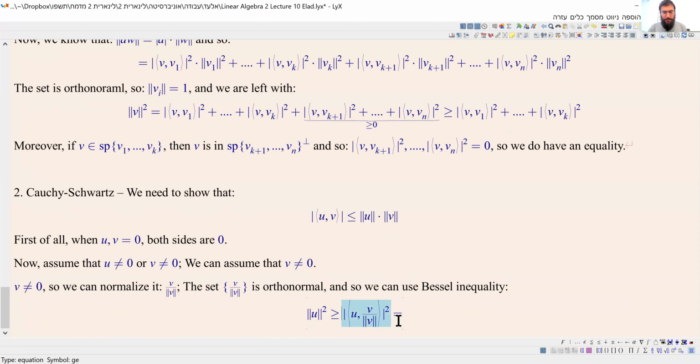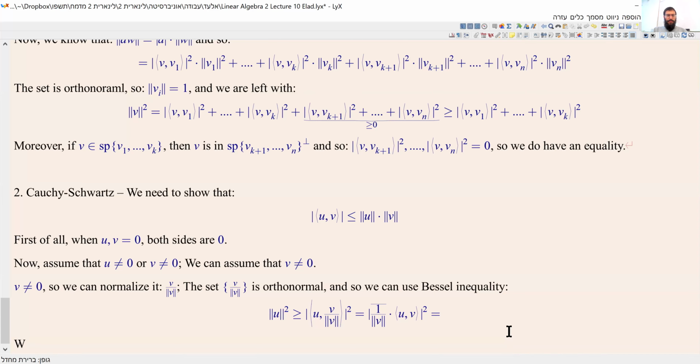Notice that the scalar here is in the second coordinate, so exactly by our rules, it is the conjugate of 1 over the norm of V. But we know that a norm, whatever the vector is, is always a real number.